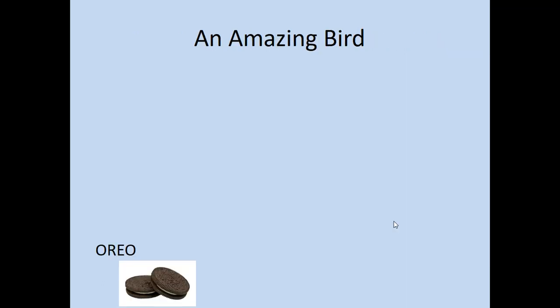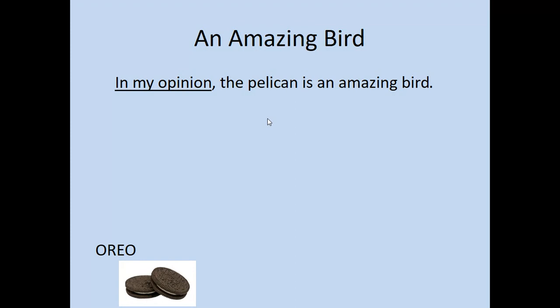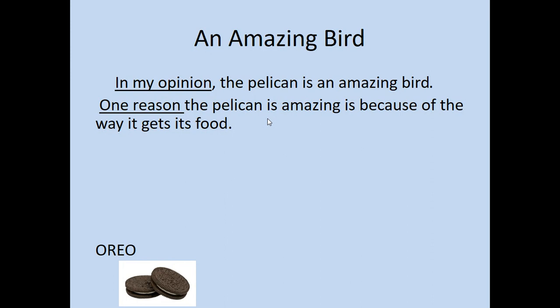I wrote about an amazing bird. First, I had to write my opinion. In my opinion, the pelican is an amazing bird. Next, I had to include my reason. One reason the pelican is amazing is because of the way it gets its food.